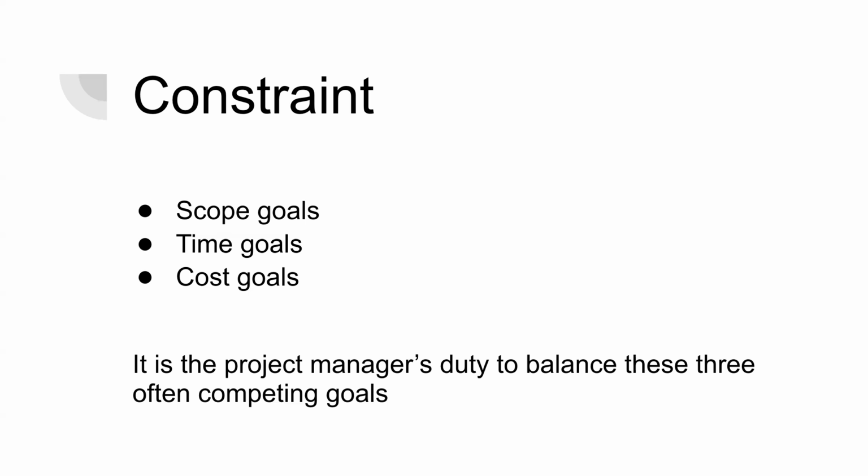Remember these things as the highest priority of project management. We need to operate under scope goals, we need to work under time goals, and we need to achieve things under cost goals. These three constraints have a relationship between each other.